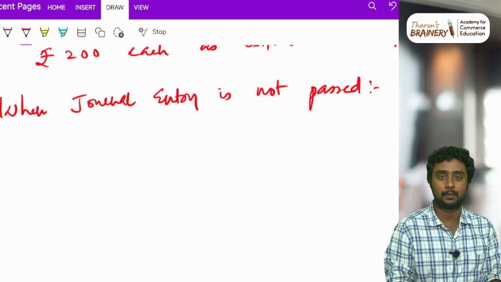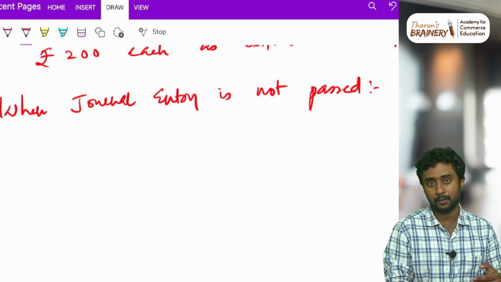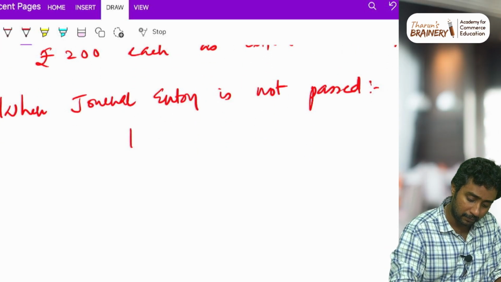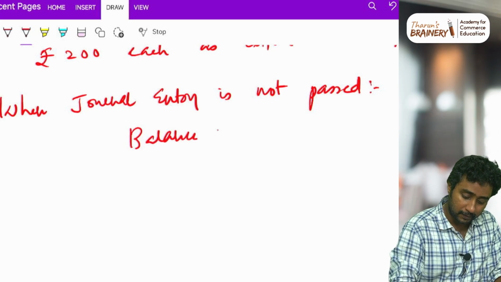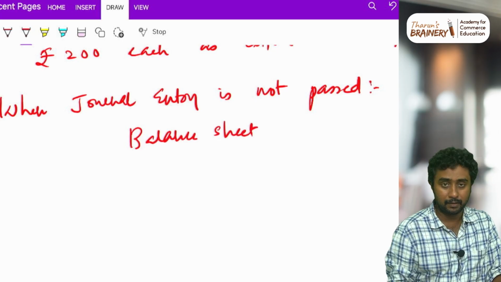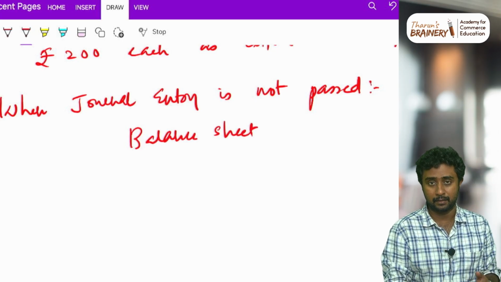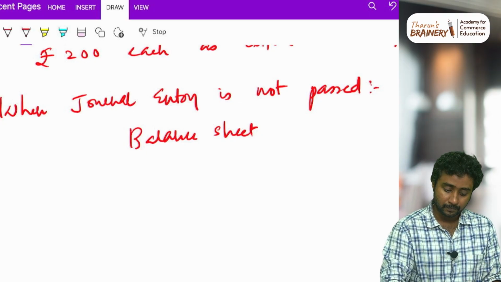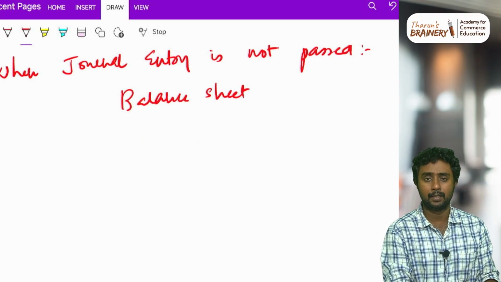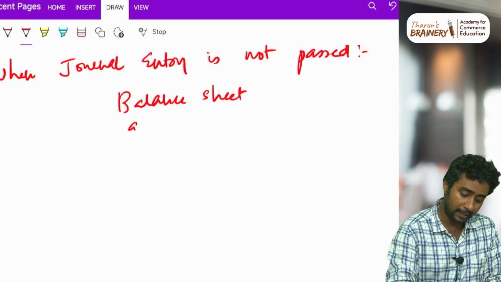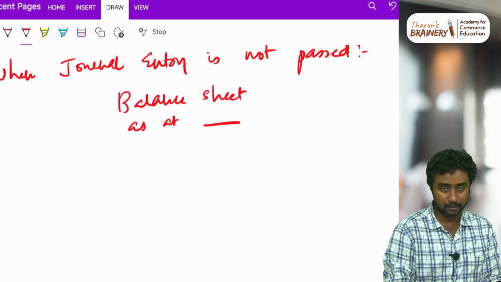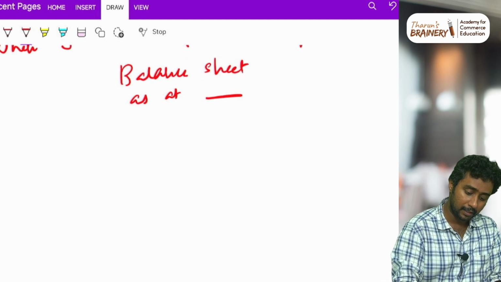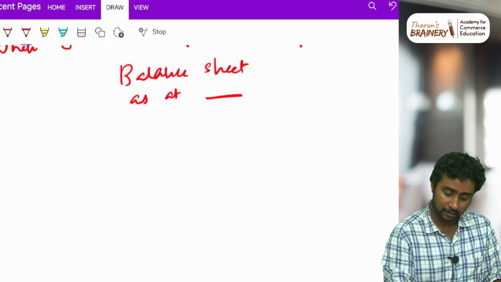In that case, if this kind of question comes, you just have to draw a balance sheet, whatever balance sheet format you know. We are not going to do the entire balance sheet. We need to show only the main part related to the question, so we can call it an extract. So: balance sheet as at whatever date. If the date is given, you can record the date, the year-ending date of that particular year.